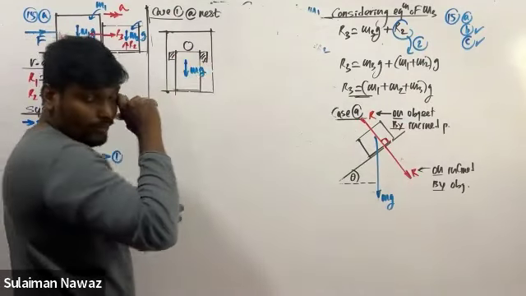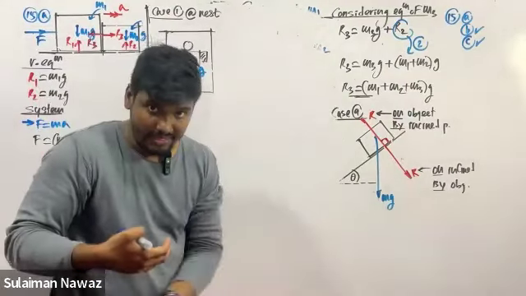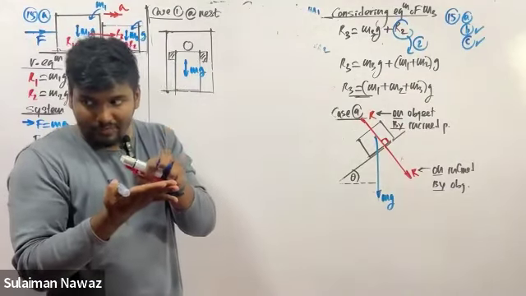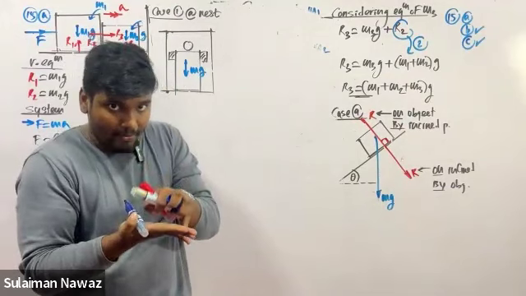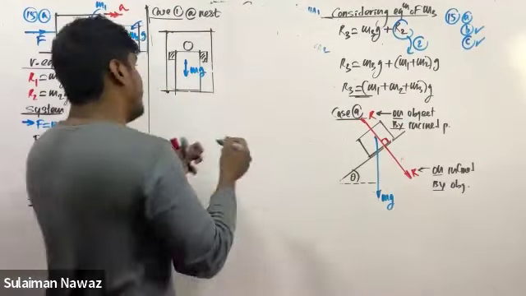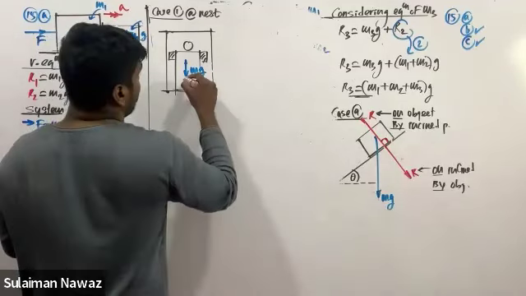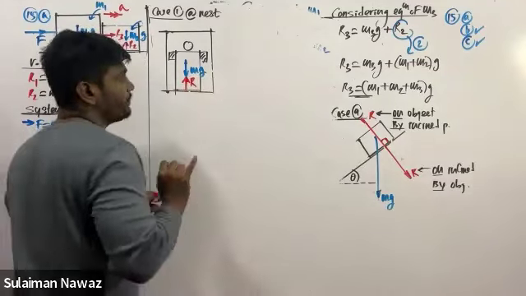And the normal reaction force on the boy, because there's a contact between the feet of the boy and the bottom of the lift. Whenever there is a contact, there must be a normal reaction force. Let's say capital R.